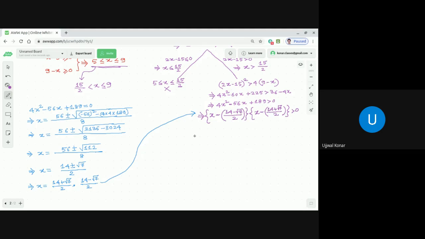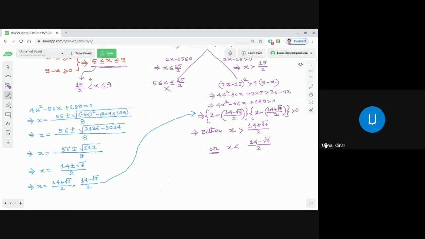So this implies either x is greater than 14 plus square root of 7 by 2, or x is less than 14 minus square root of 7 by 2. This OR statement is very important, dear students.